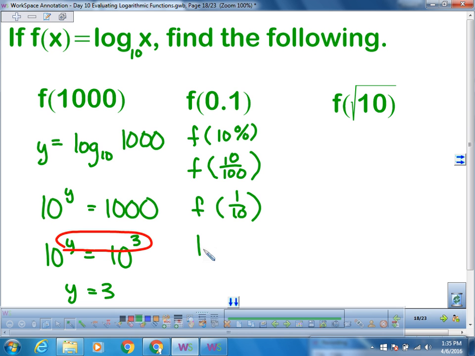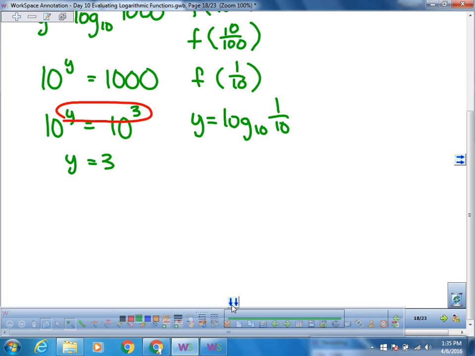So I have y equals log base 10 of 1/10. I'm going to change it to exponential form. 10 is my base. Y is an exponent. It's equal to 1/10.